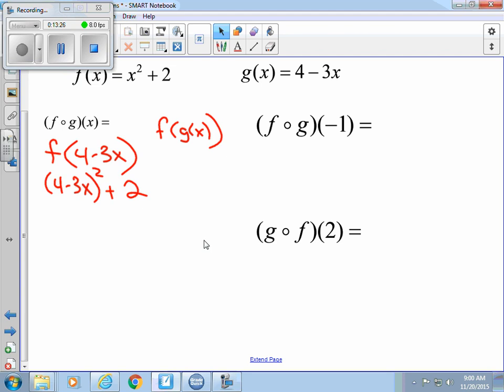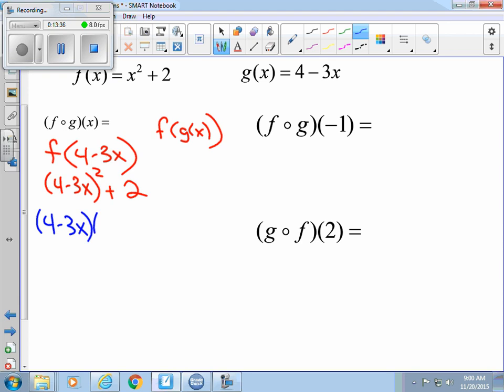So to do this problem, I have to FOIL 4 minus 3x times 4 minus 3x. So this is the type of problem that, if we had a hard time, would have been the one we had a hard time with. And so I need to FOIL that.